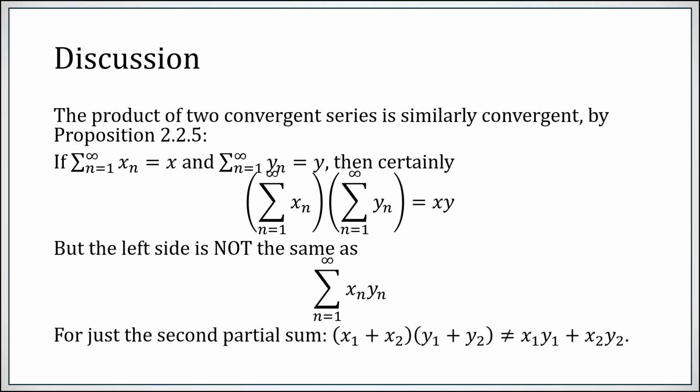Even for the second partial sum, we will see we get very different things. x1 plus x2 times y1 plus y2 is just not the same thing as x1 y1 plus x2 y2. There are other terms that are generated. So this product definitely converges to xy. This is an entirely different thing, however.